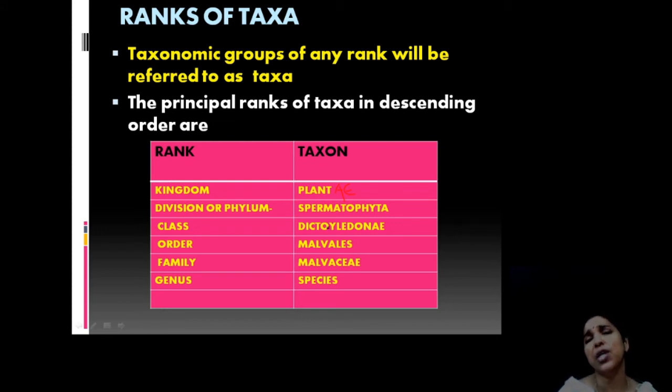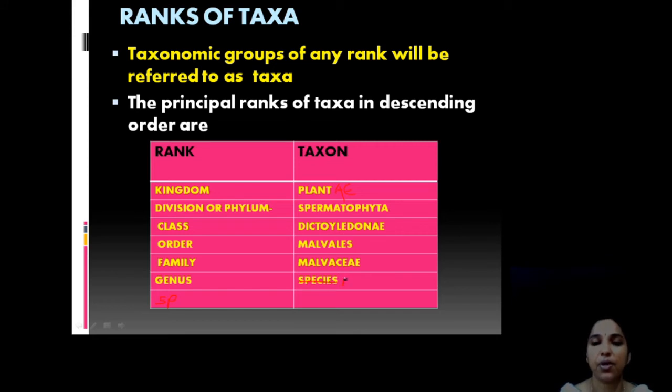Several families you studied in Bentham and Hooker, more than 200 families. Then genus, so one more mistake. Genus here it is wrong. The next rank is species. For genus you can have an example, Mangifera. For species you can have an example, indica.